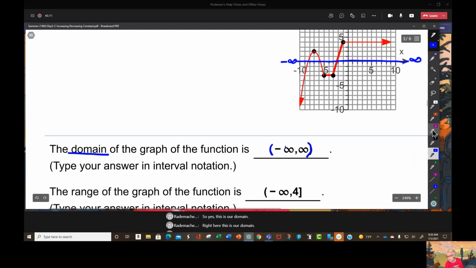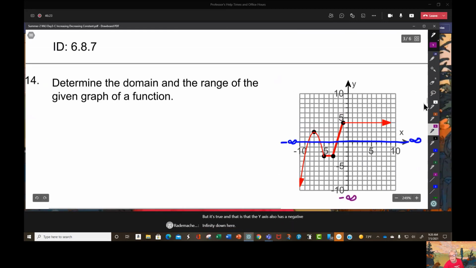Now, something we usually don't talk about, but it's true, and that is that the y-axis also has a negative infinity down here and a positive infinity up here.